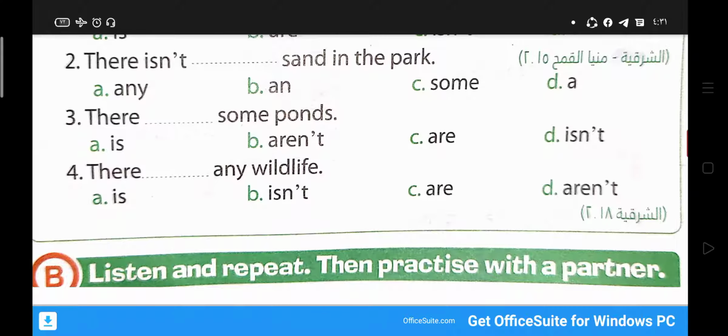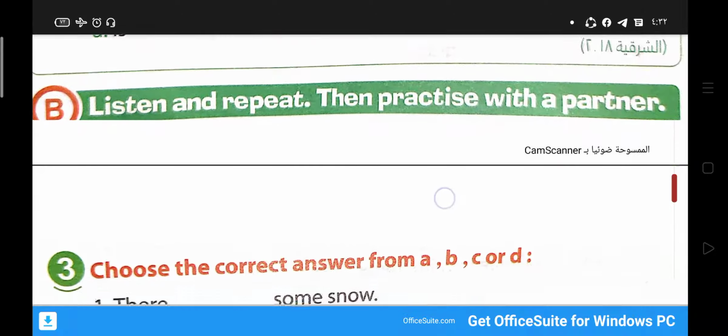There space any wildlife. Is, isn't, are, or aren't. Any is used for negative sentences, and wildlife is an uncountable noun. So the answer is isn't, letter B. There isn't any wildlife.